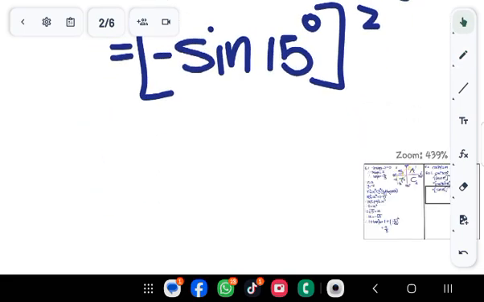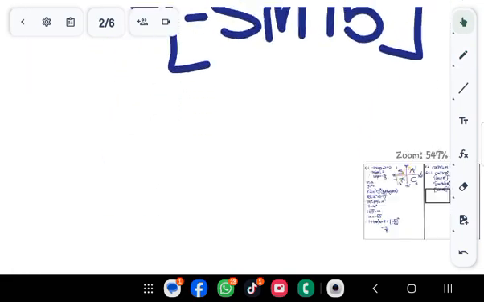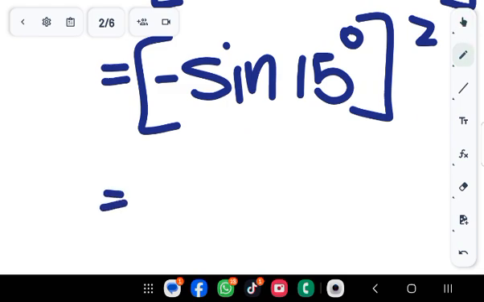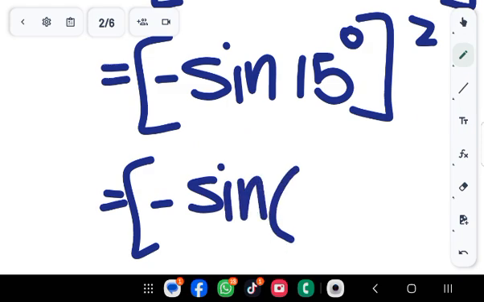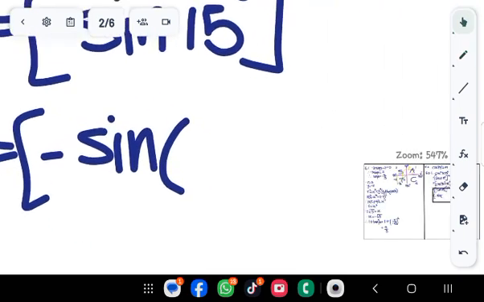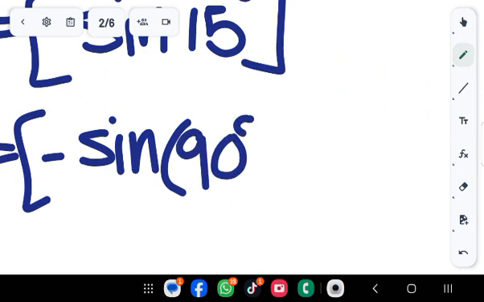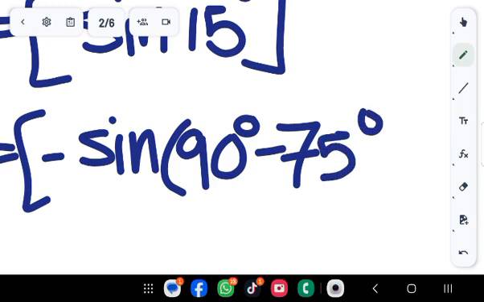And sine of 15 degrees can also be written as, which is equal to, obviously it will be squared, so minus sine of 90 degrees minus 75. The acute angle we're dealing with is 75, so 15 can be written as 90 degrees minus 75.